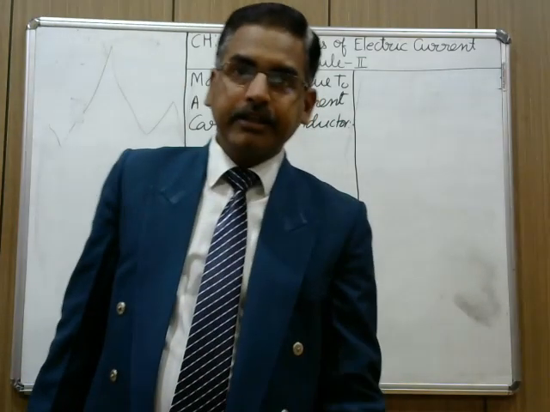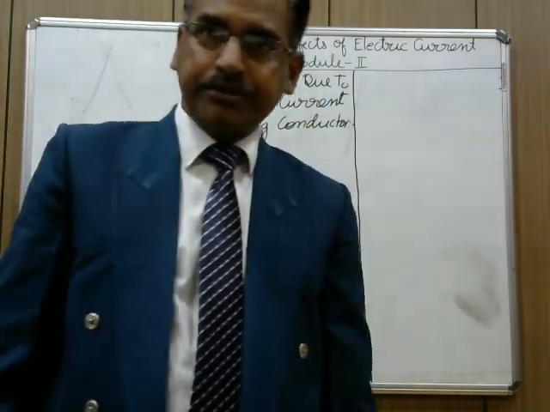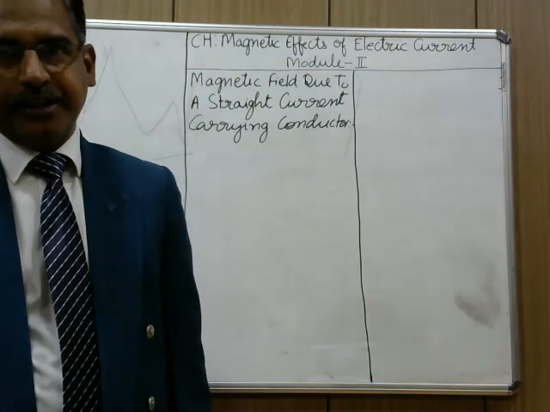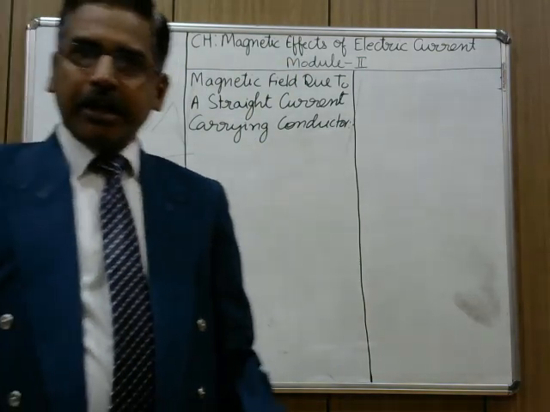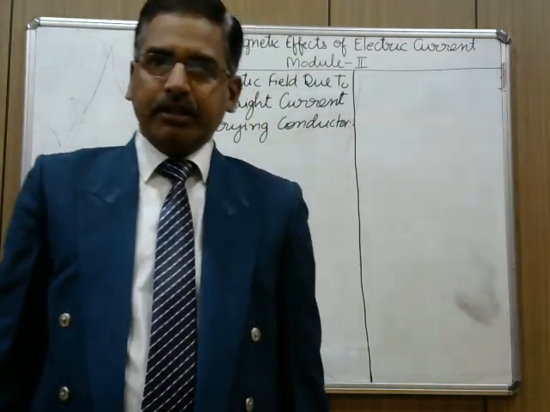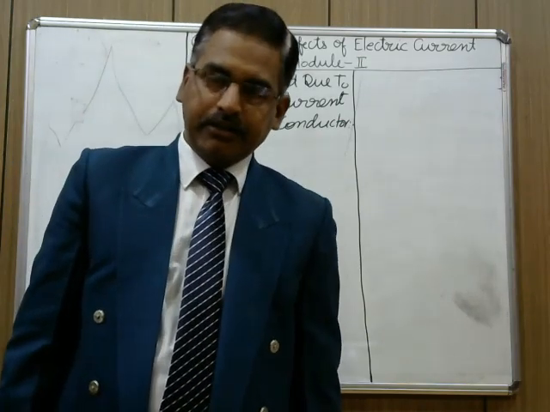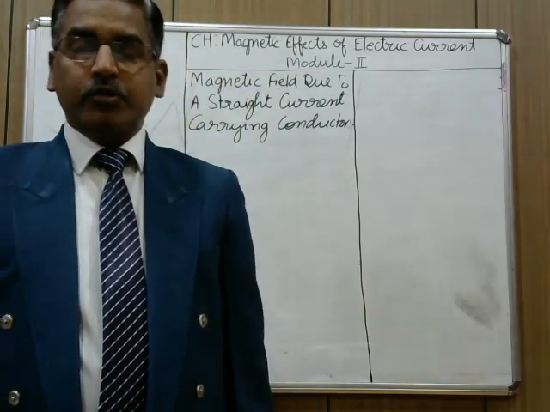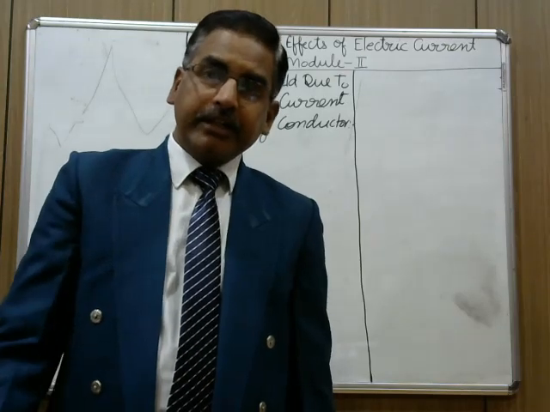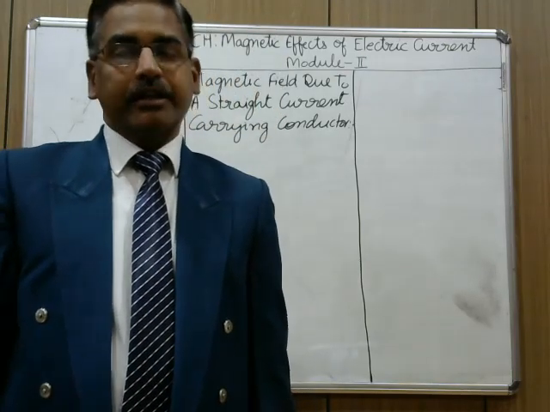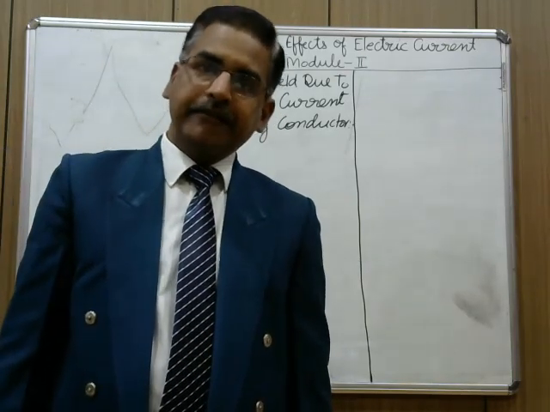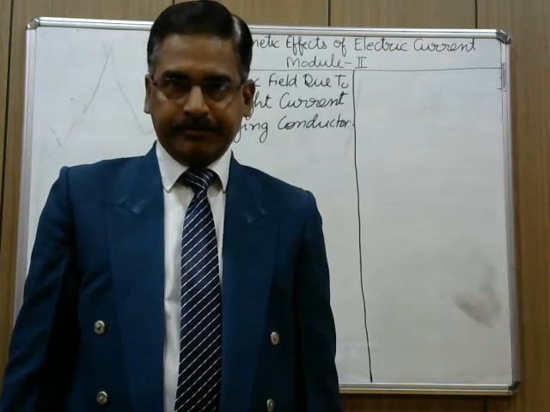A straight current carrying conductor also produces a magnetic field. The nature of the magnetic field produced by a straight current carrying conductor is circular in nature. Magnetic lines of force are concentric circles having center at the conductor.